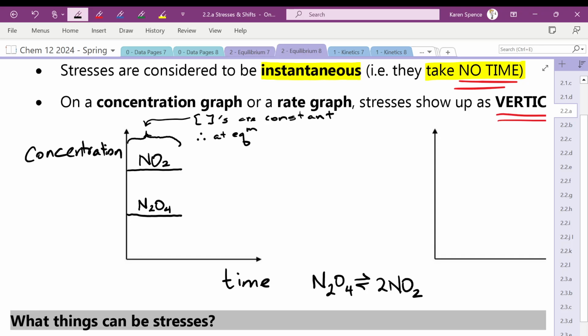Okay. Now, what's going to happen is right here at this time, I'm going to inject some N2O4.